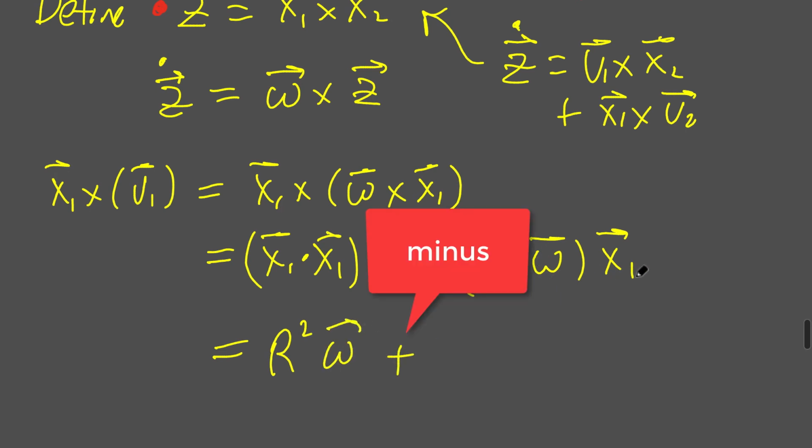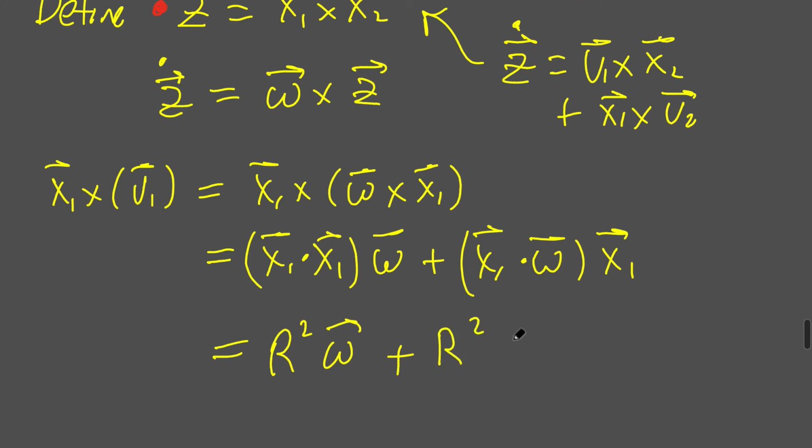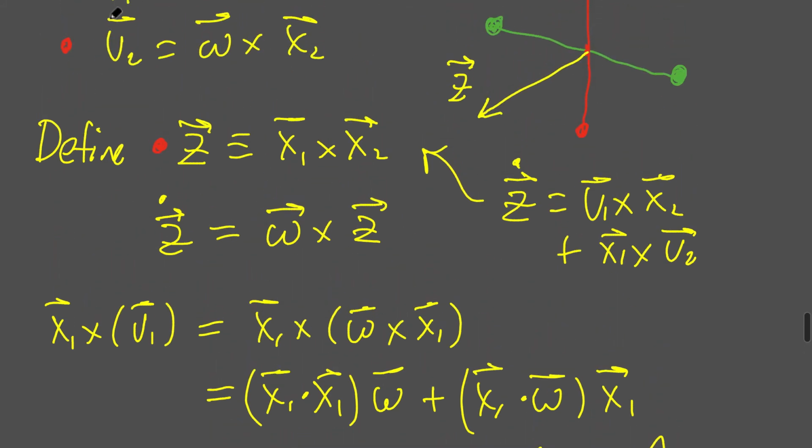Okay, now x1 dot x1 is just, of course, r squared. And here we can rewrite this term in terms of the x1 hat. So we can pull a factor of capital R out of each of these x1 vectors and write this as r squared times omega plus r squared times x1 hat dot omega times x1 hat. Okay, now we can do the same thing for these other two equations.